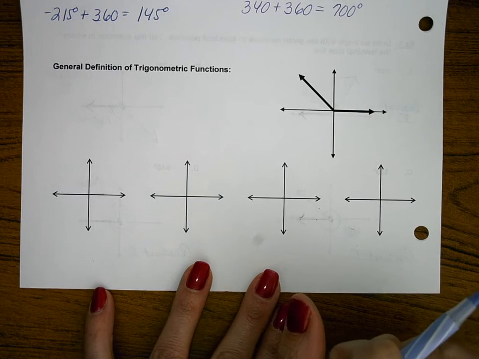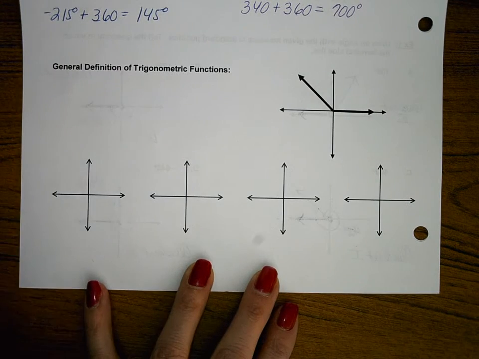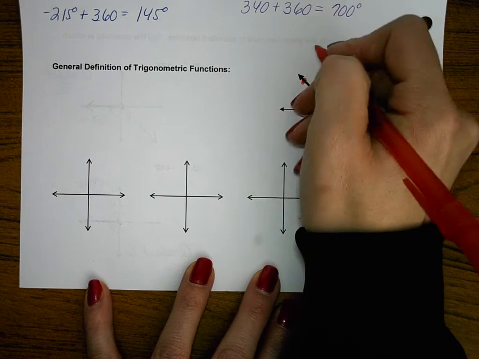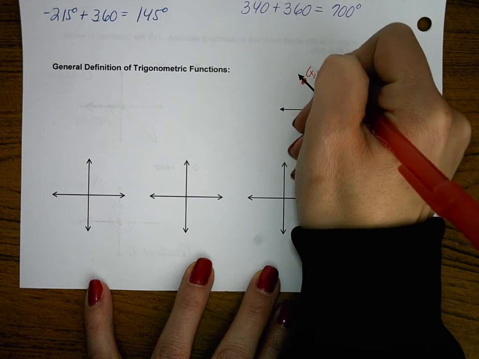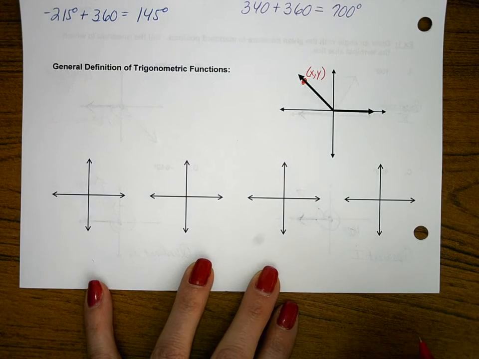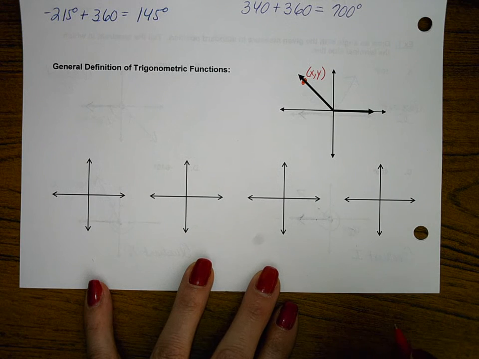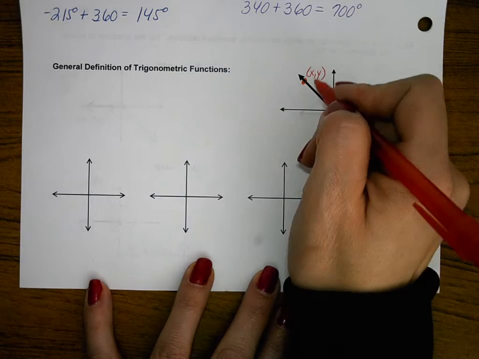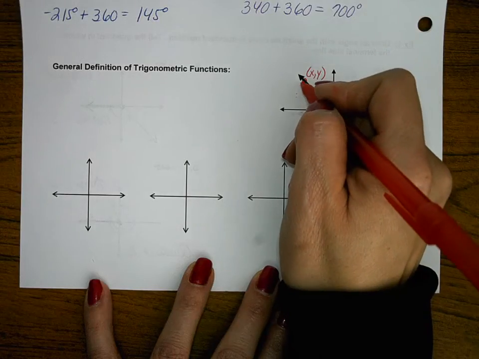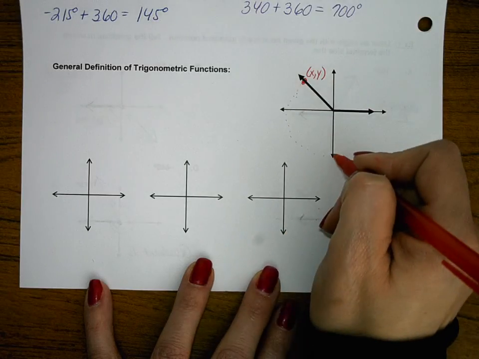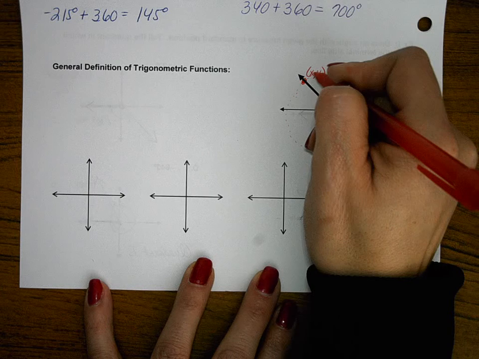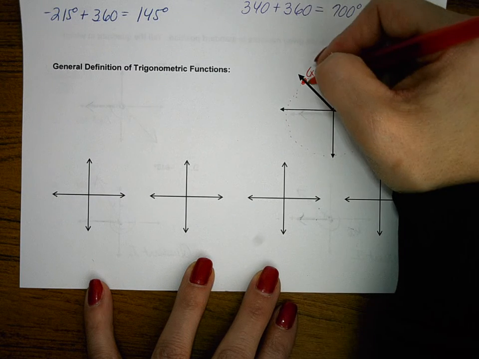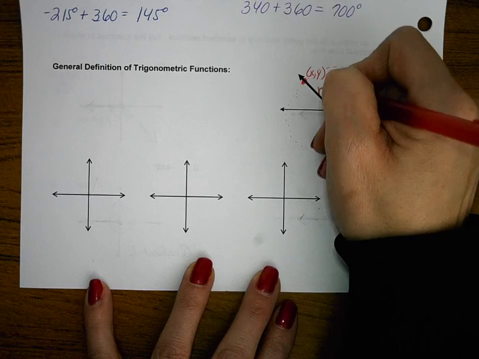Now, what they're going to do is give us a point out here on this side, the point X and Y. And if I were to draw a circle through that point, my circle might look something like this, correct? And that circle would have a radius of r.